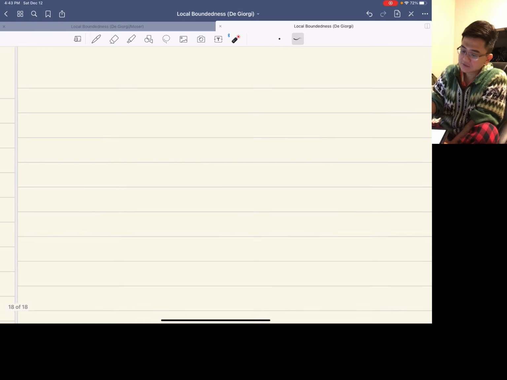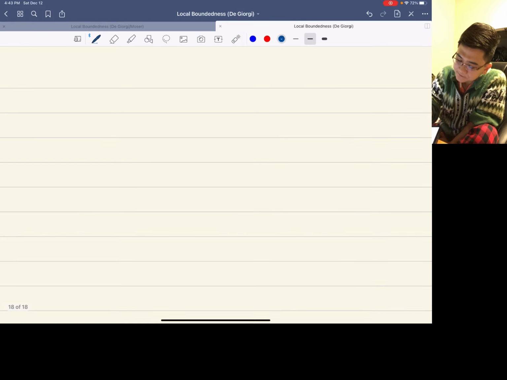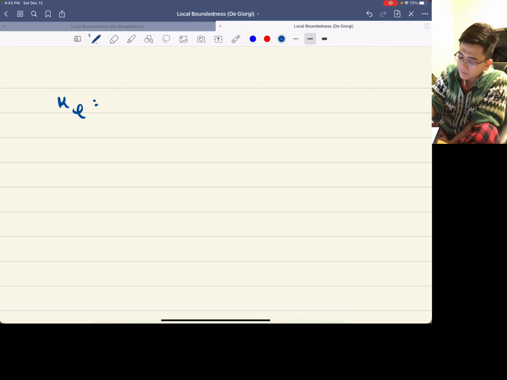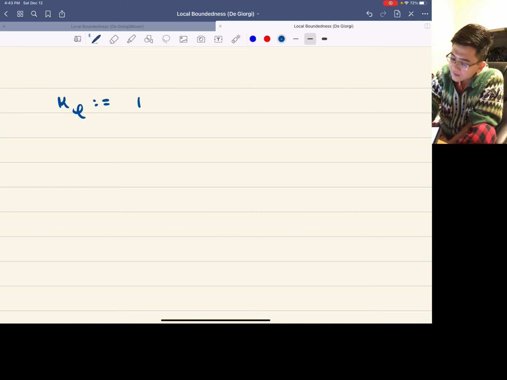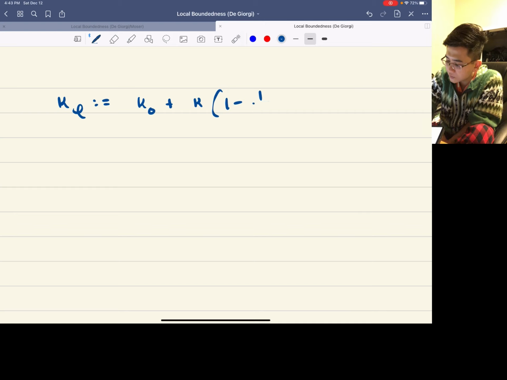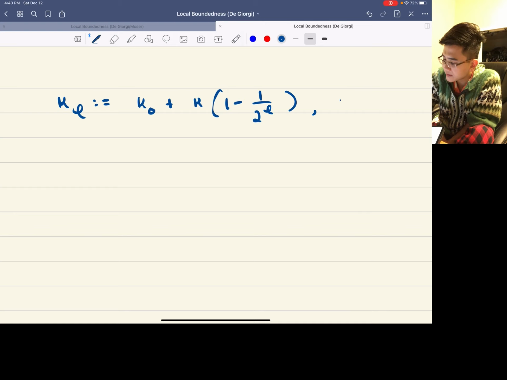Okay, so the choice of k_l would be equal to k_0, the minimum k so that the estimate would always hold, plus this k to be determined times (1 minus 2 to the minus l), where k is positive, TBD, to be determined. Okay.